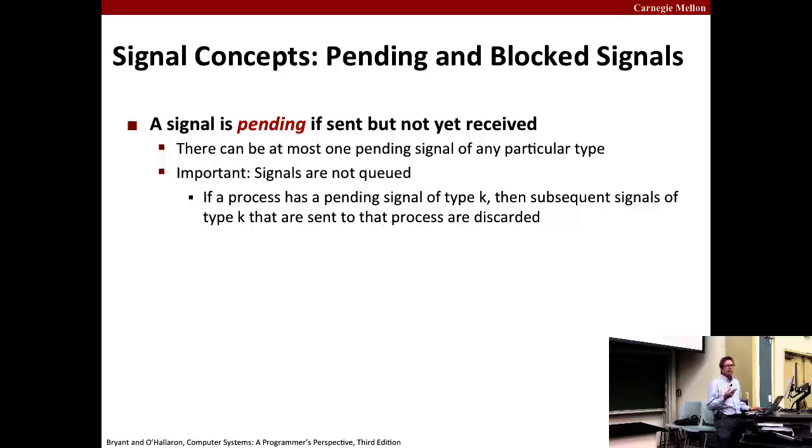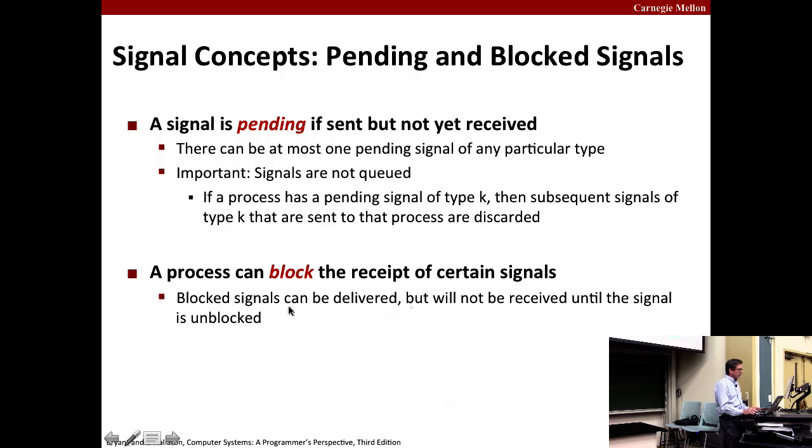At any point in time, there can only be one pending SIGCHLD signal, for example, or SIGINT signal. And if a subsequent SIGCHLD signal is sent, it has no impact. It's just discarded if there's already a pending signal, so they don't queue up in any meaningful way.